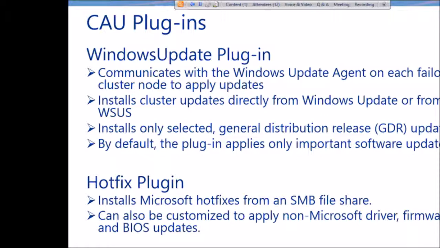I'm planning to demonstrate both of these so that you get clear info on how it works. You can choose the plugin when you kick off the CAU run. Whenever you initially configure the self-updating mode, you can select what you need, or whenever you manually start a CAU run, you can always select what kind of plugin you want to use.